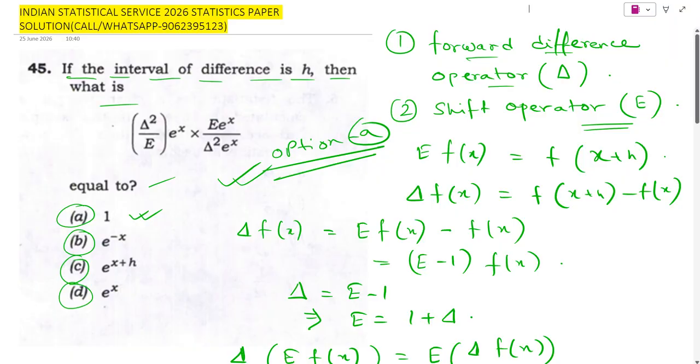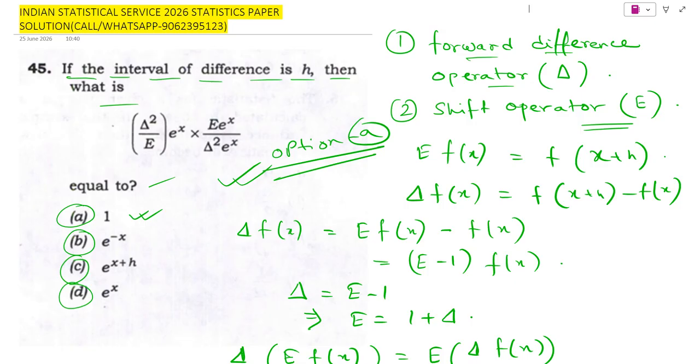In a high stakes examination like the UPSC ISS, your ability to spot that the linear operators commute allows you to treat the operational expressions exactly like scalar fractions. The specific function chosen, whether it is e to the power x, sine x, or a giant polynomial, is completely irrelevant because the operator structure cancels itself out globally.